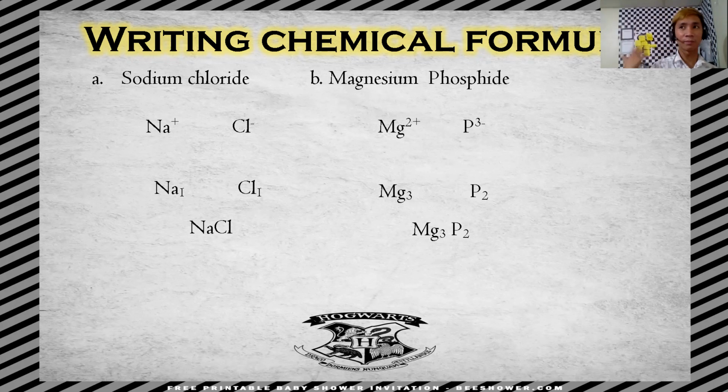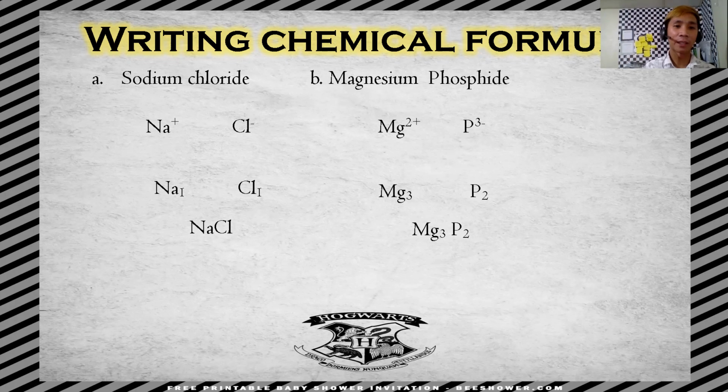Negative 1 naman yan. Pag walang number, automatic 1. So positive 1 yung oxidation number niya, ibig sabihin meron siyang extra electron na kailangan niyang ibigay dun sa isang element. Okay? So that is for ionic.